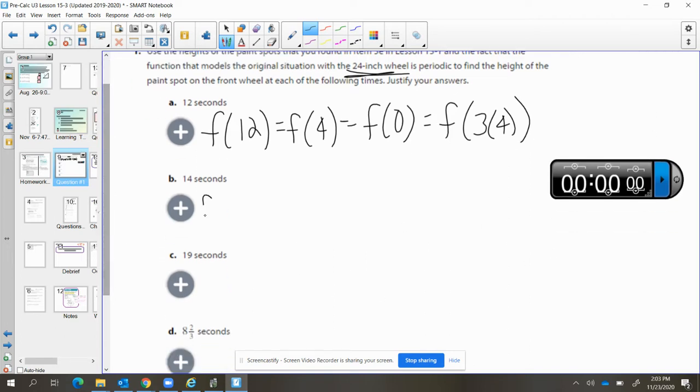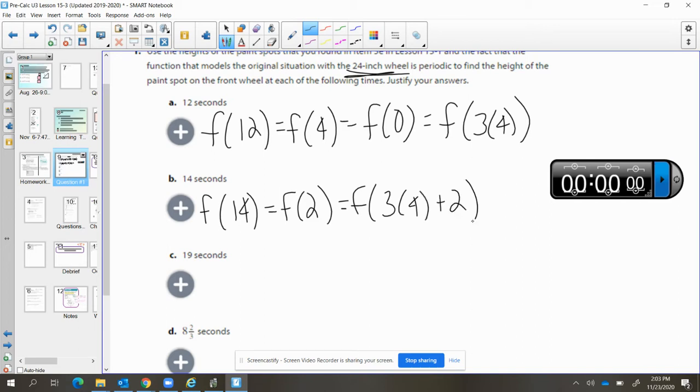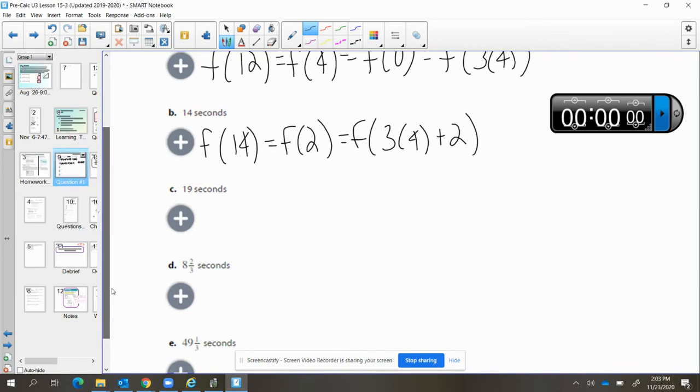Same kind of idea with 14 seconds, right? It's actually going to be the same as when she was at 2 seconds, because all that's happening is she was able to go around the 3 full revolutions plus 2, right? So she's back to where she began at 2 seconds, or 6 seconds for that matter.